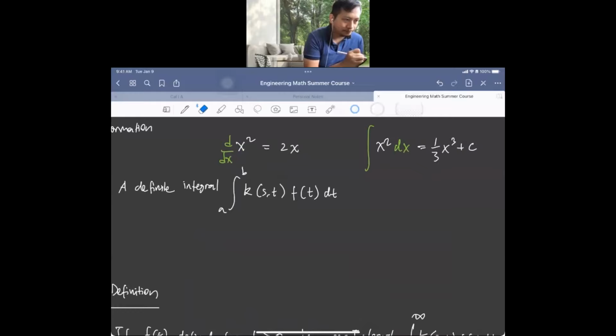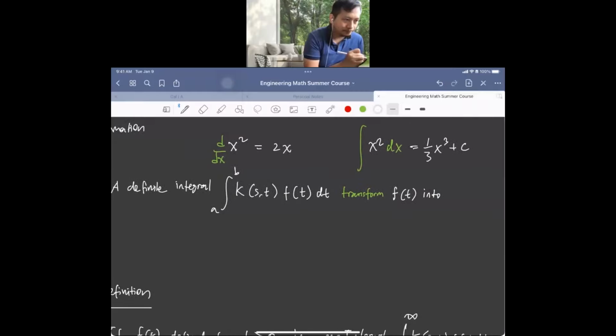We say that if we have this definite integral, it will transform a function of t into a function of variable s.